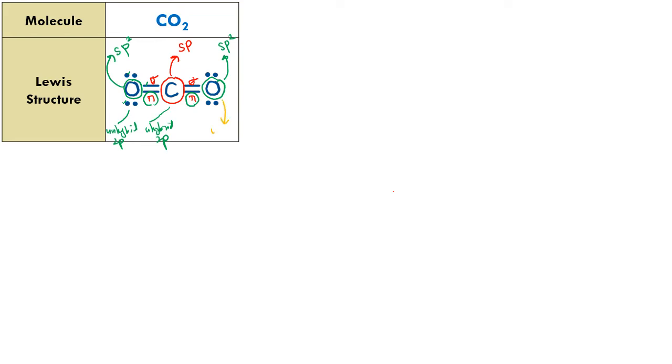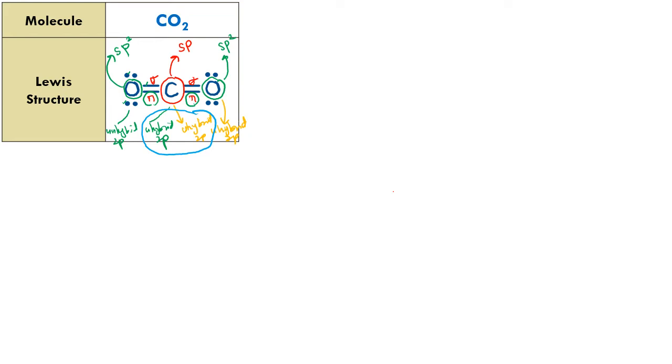This oxygen will have unhybrid 2p sebab oxygen ada satu pi bond. Again, this carbon, this is the second pi bond. So dia akan ada another unhybrid 2p. So as you can see over here, untuk kita punya carbon, nanti untuk awak take note, kita akan ada 2 unhybridized 2p orbital for carbon. For oxygen hanya akan ada satu sahaja.